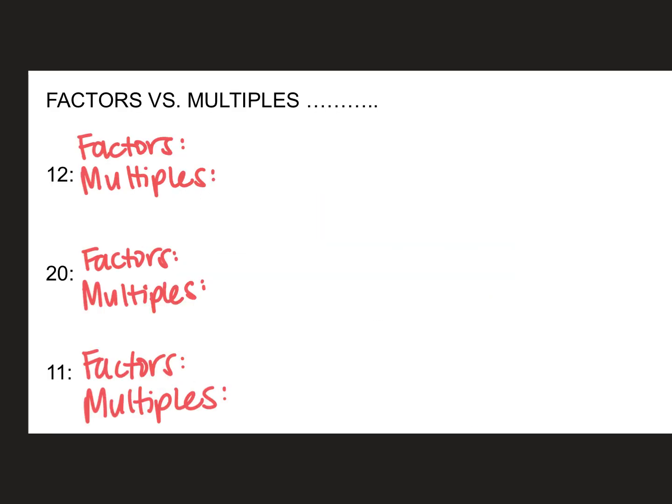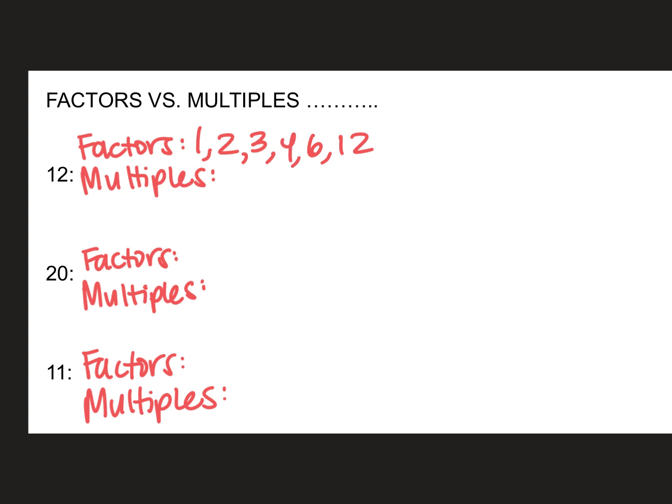So really important for this lesson here is knowing the difference and remembering the difference between factors and multiples. So when we look at the number 12, when you think about factors, these are all the numbers that multiply together to equal 12. So 1 and 12, 2 and 6, 3 and 4.